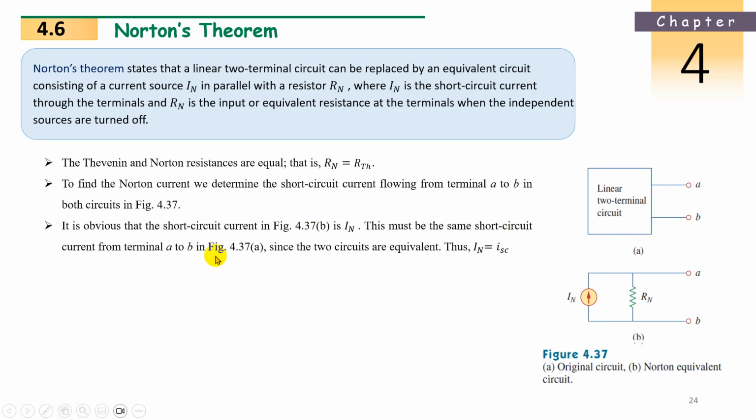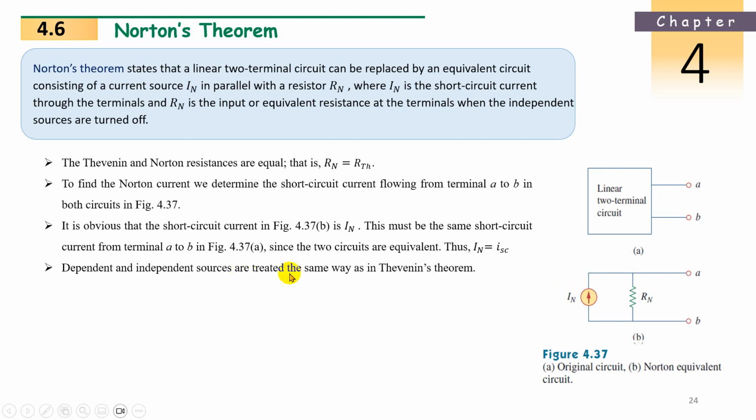This must be the same short circuit current from terminals A and B in figure A. Since the two circuits are equivalent, IN is equal to ISC. So IN is nothing but the current flowing between A and B, that is ISC, the short circuit current. We make the short circuit and find the current flowing between A and B, which is equal to IN.